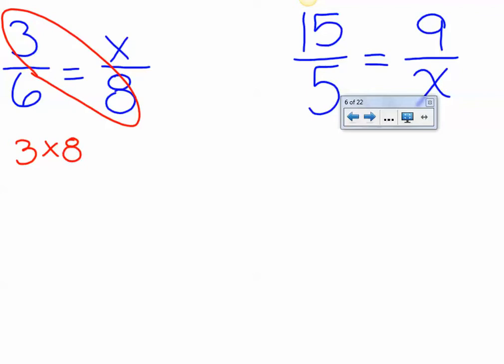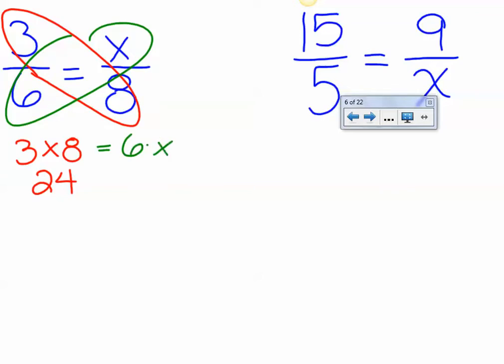Well, what is 3 times 8? 3 times 8 is 24. So my cross product that I have in red is 24. Well, what's my other cross product going to be? I have 6 times x. Well, how do I write 6 times x? Just 6x.